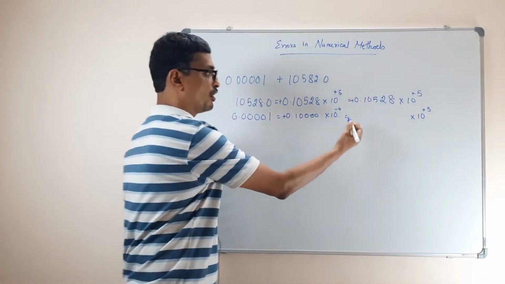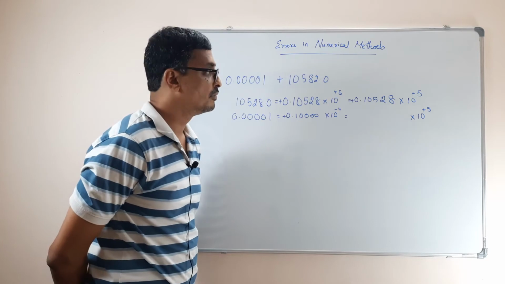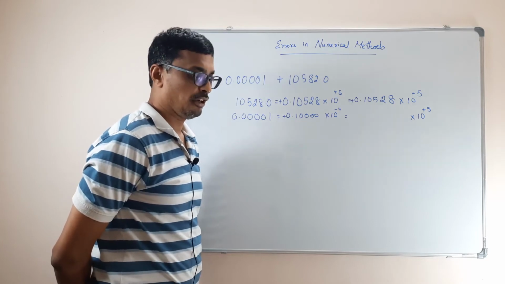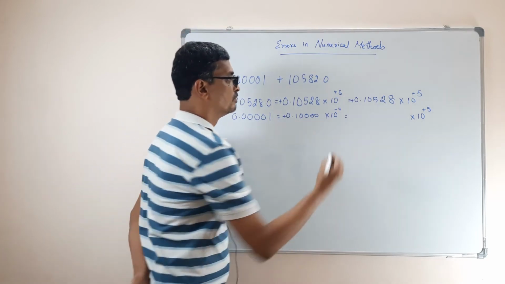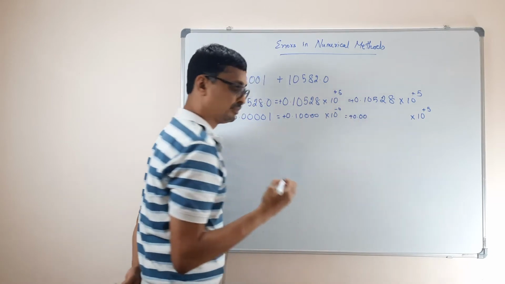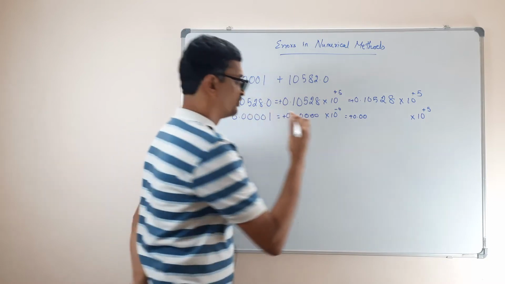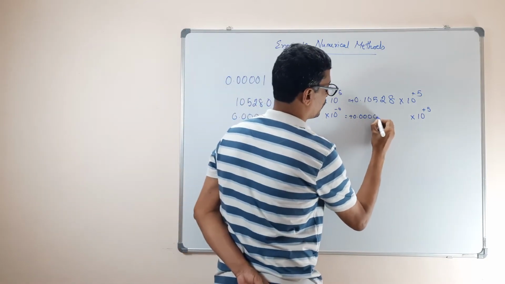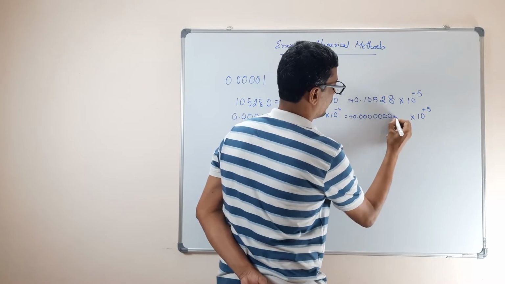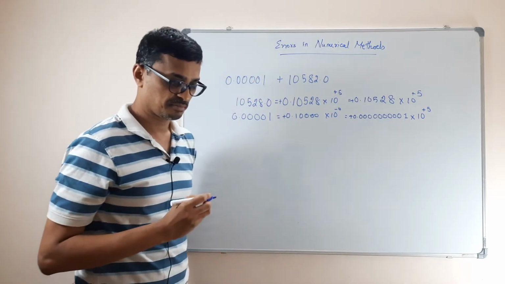Tell me what will be this number here? How many zeros? 9 zeros, then 1. Correct. 1, 2, 3, 4, 5, 6, 7, 8, 9 zeros and 1. Am I right?